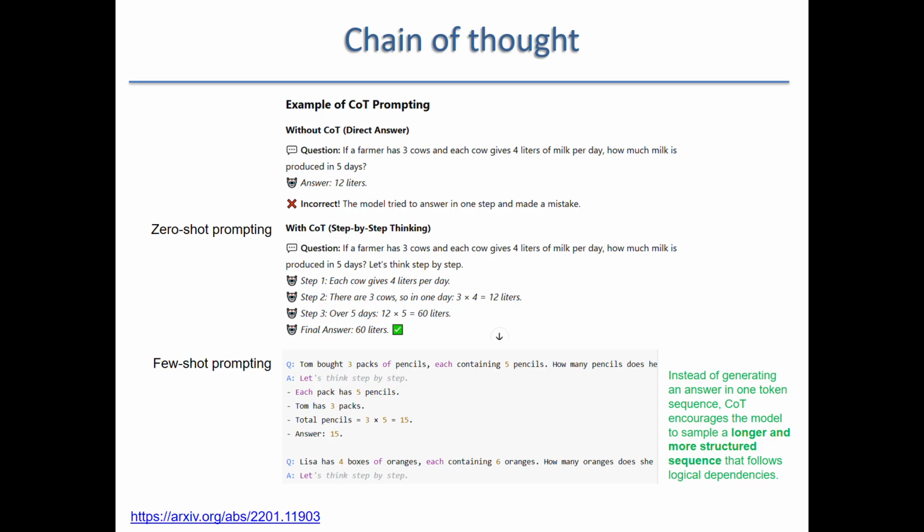How many pencils does he have? Then the answer that we have to give is, okay, let's think step by step. Each pack has 5 pencils. Tom has 3 packs, so the total number of pencils is 3 times 5, that is 15. So we are giving examples, reasoning templates, and these reasoning templates are supposed to be related to our final query.